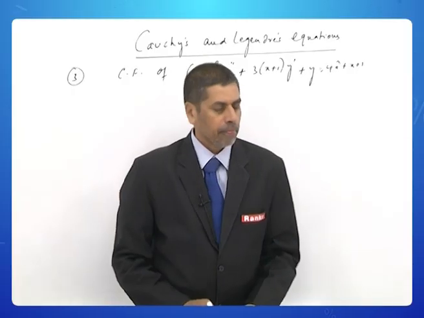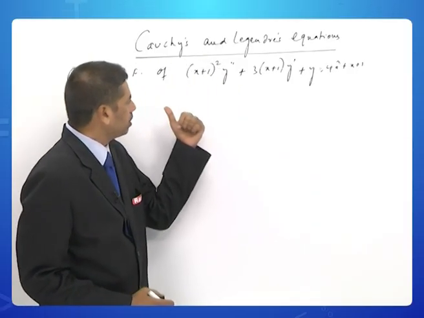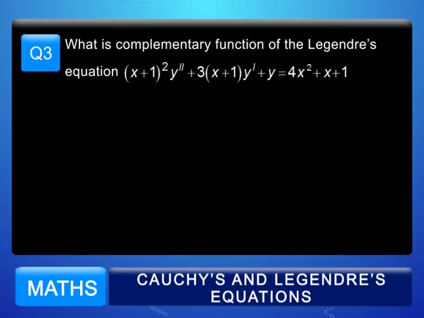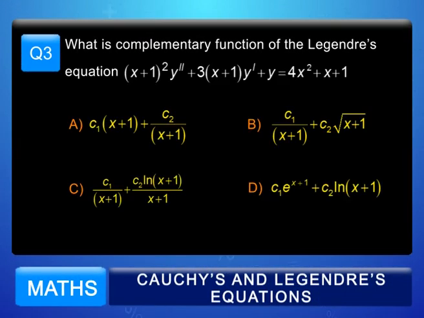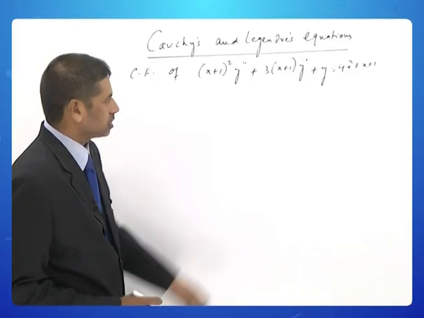Question number 3. What is the complementary function of the differential equation x plus 1 whole squared y double dash plus 3 into x plus 1 y dash plus y is equal to 4x square plus x plus 1? Observe, this is not exactly a Cauchy's equation, but some related equation. This is the famous Legendre's equation.